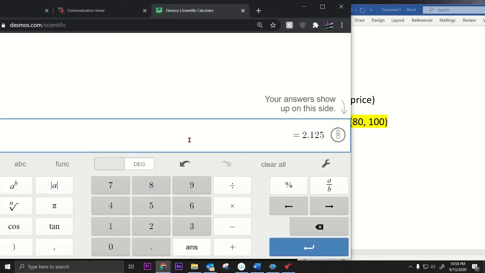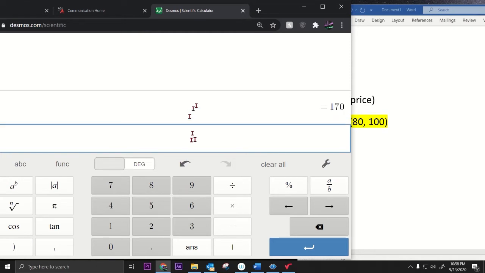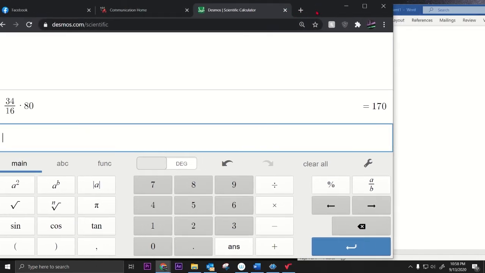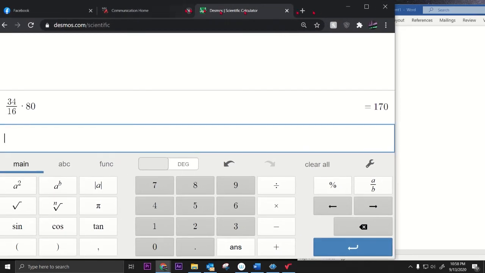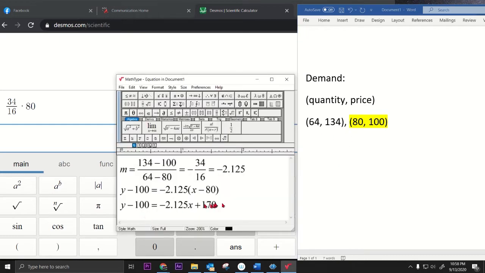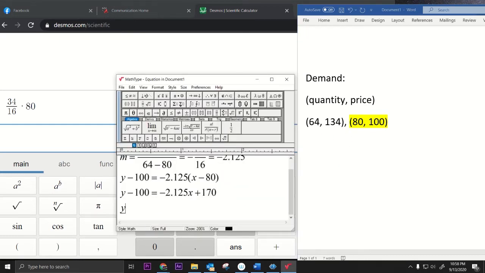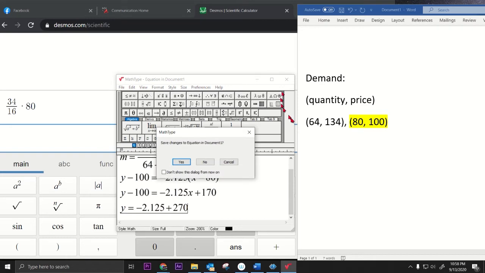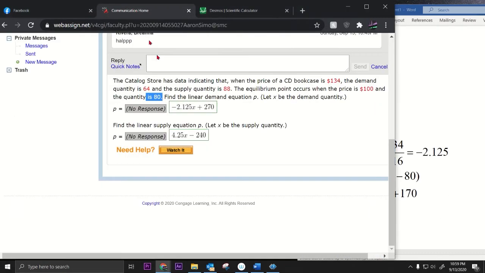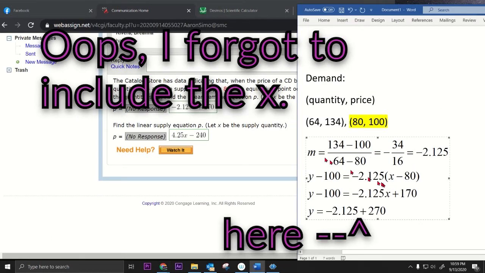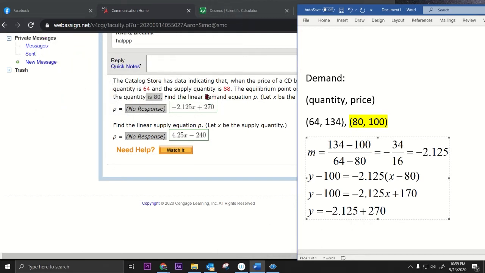Times 80, did we get 170? Nice, looks like 170. We plug that in. Now if we add 100, we get y equals negative 2.125x plus 270. Hopefully that is correct. Let's insert all this work. Looks like that's our answer on the bottom. Yeah, 270, negative 2.125. That's the process to get the first one, the demand.